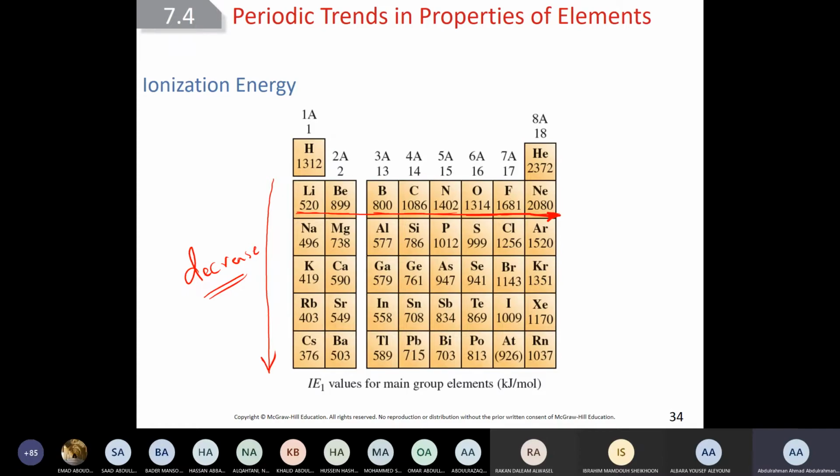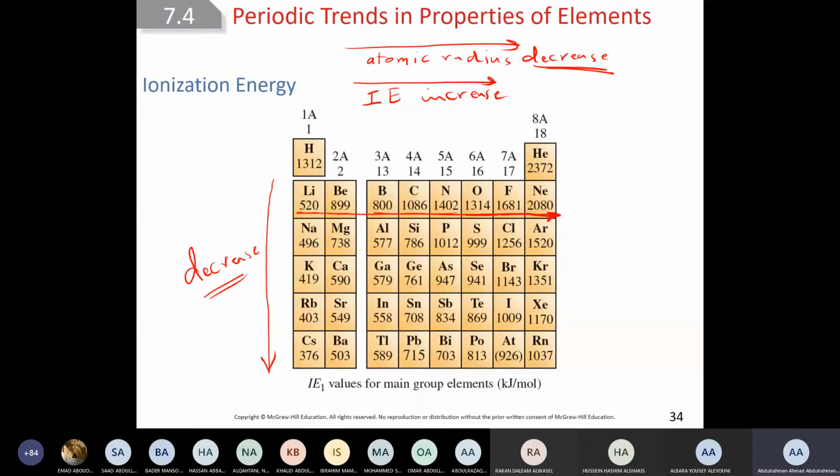Because as you go across, the atomic radius becomes smaller, while the ionization energy increases. Because this decreases, it becomes harder to take the electron away. Is this clear?